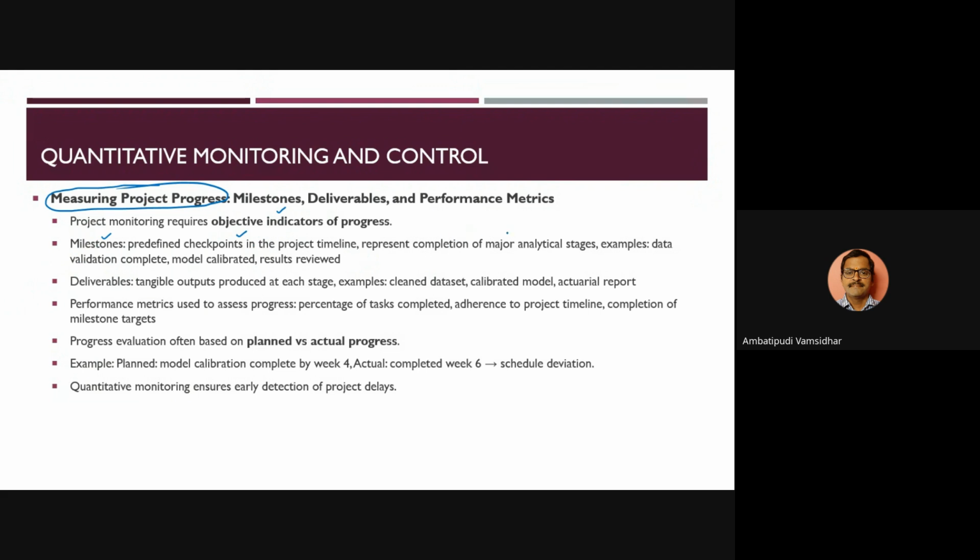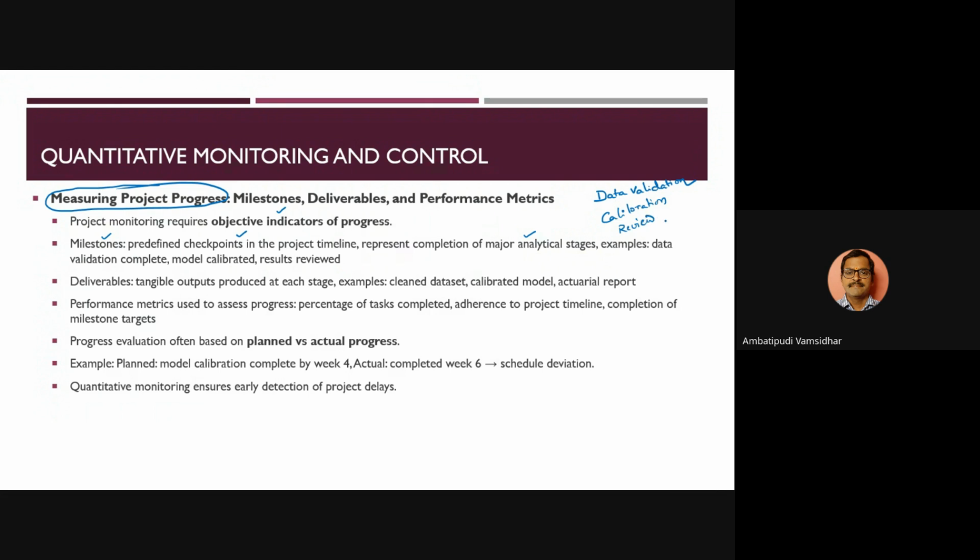They represent completion of the major analytical stages. That is what the milestones are. So, did I complete the data validation stage by so and so date? Or am I still in the process of completion? Right? Or did I complete the model calibration stage? Or did I complete the review of the result stage?